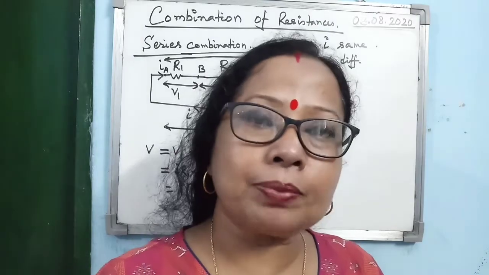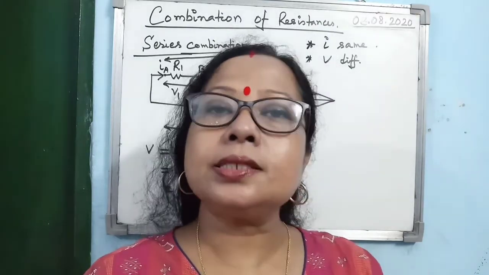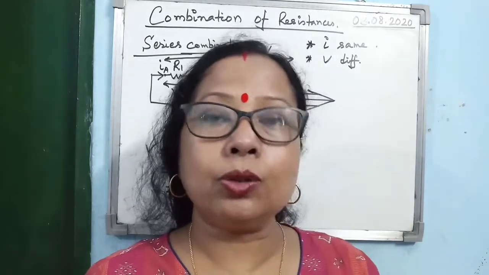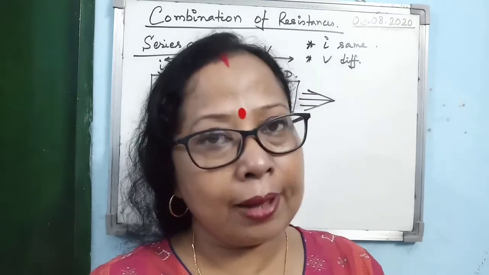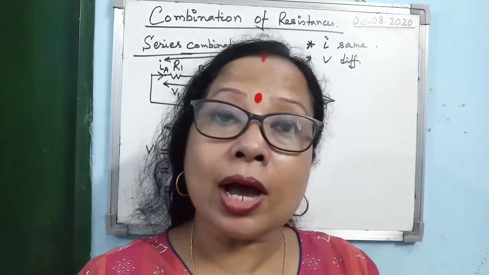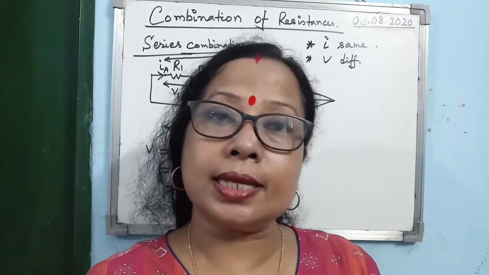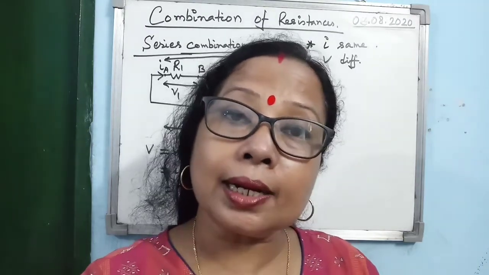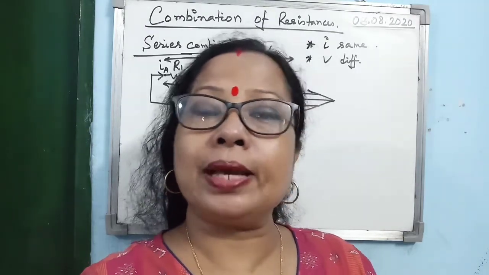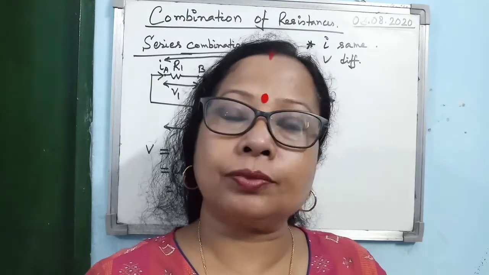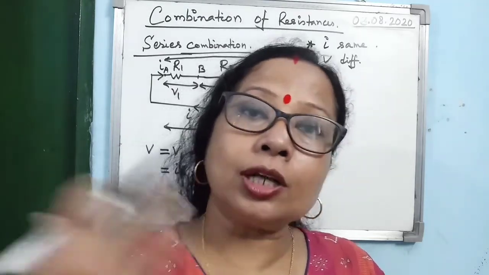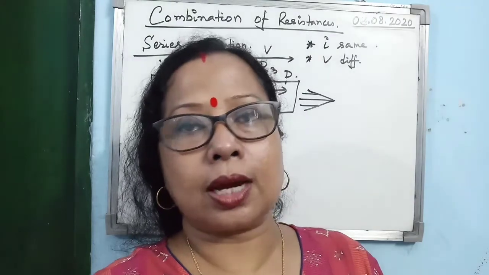So, what is the concept I said? First point, instead of a combination, you will use a single resistance. Then second point, you have to choose the single resistance in such a way that total current and total PD remain the same. Not that in place of the combination, as your choice, you will choose any resistance.